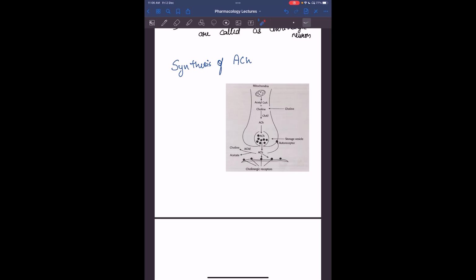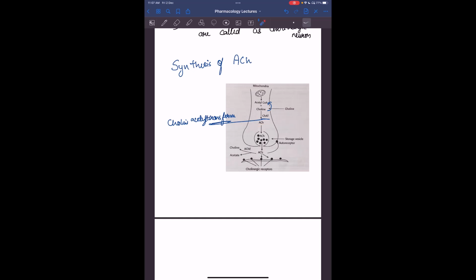This acetyl CoA combines with choline in the presence of the choline acetyl transferase enzyme. So what happens? The choline is transferred to the acetyl, which is what transferase means. Hence it forms acetylcholine.